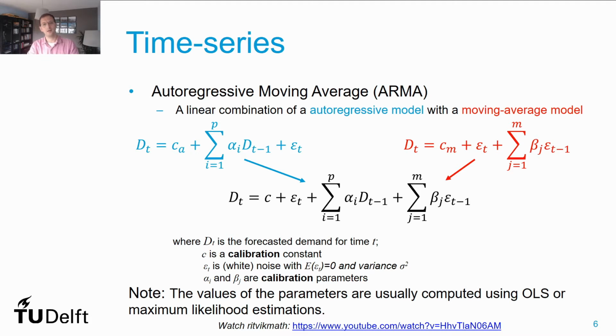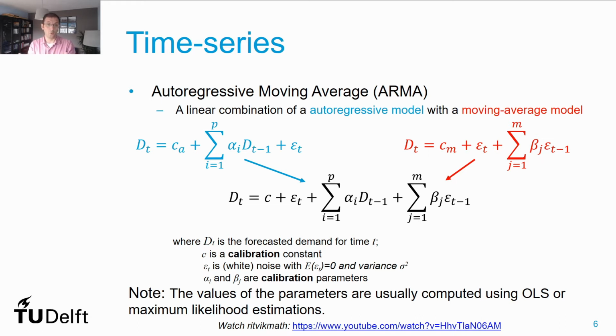There are some more advanced time series methods, like the autoregressive moving average. In this method, we assume that the demand we're going to observe in a given year t is influenced by the demand at time t minus 1, eventually time t minus 2, time t minus 3.